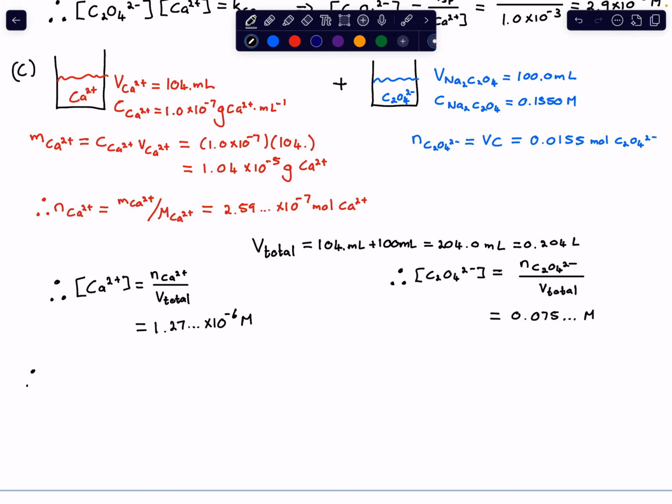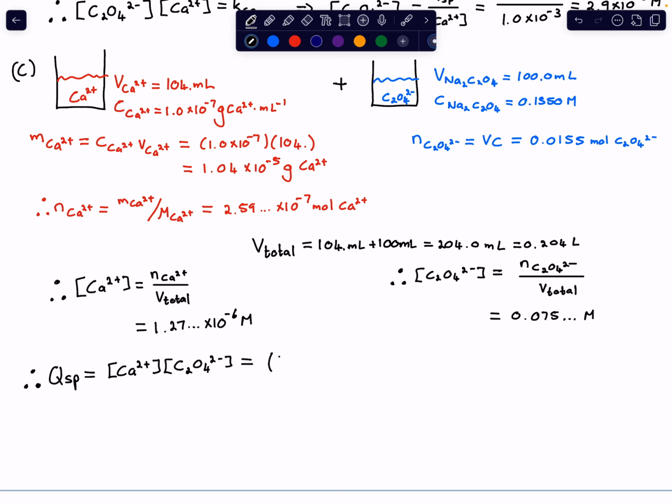Well, what indicates to us that a precipitate forms is that we must calculate the QSP. And QSP is equal to calcium 2 plus concentration multiplied by C2O4 2 minus concentration. Alright, so we've calculated both of their concentrations.